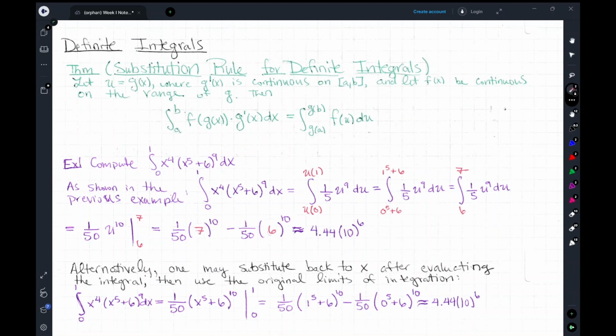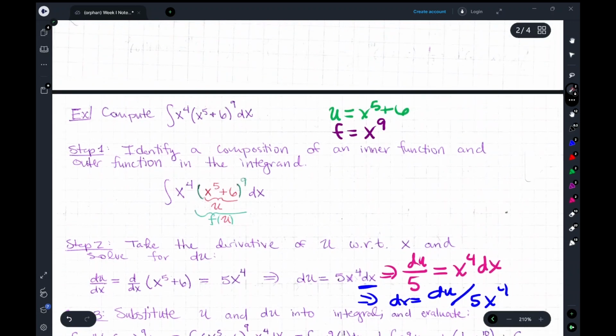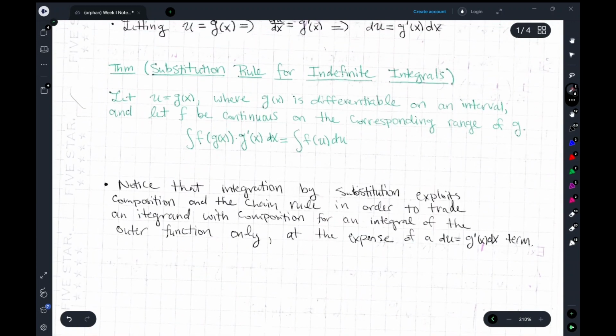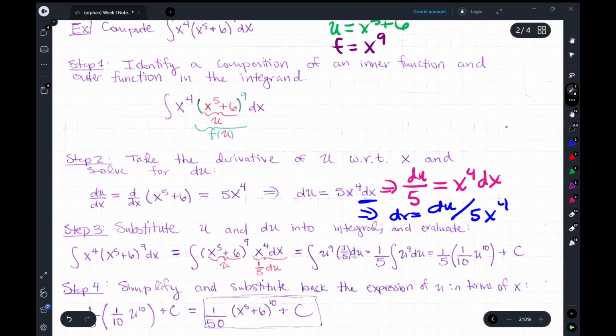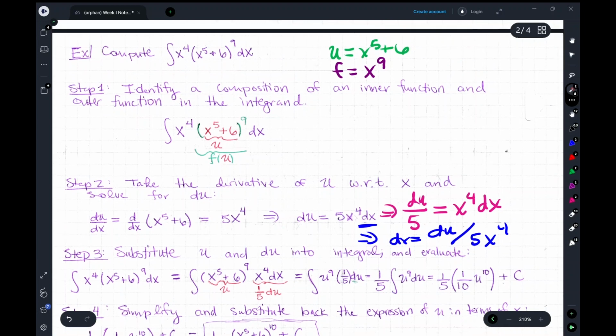So in summary, how does integration by substitution work? Well, we have all of these steps. So we identify the composition of an inner function and outer function in the integrand. Okay, so that's the first step, and this should be pretty straightforward once you do a few problems and get used to it.